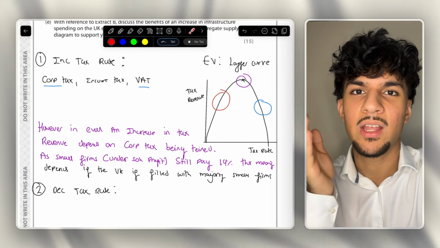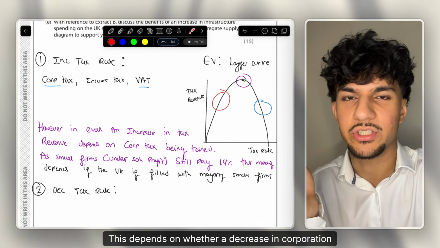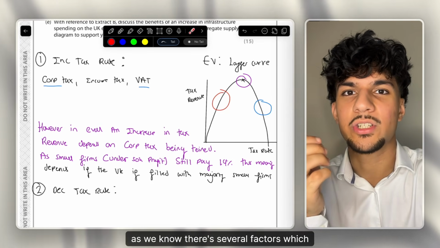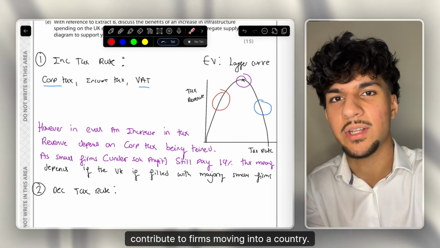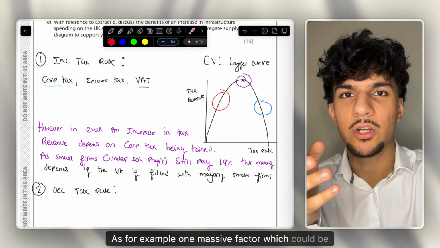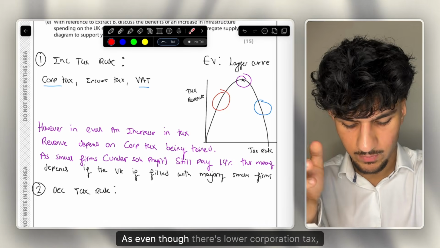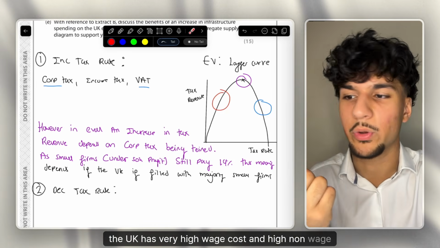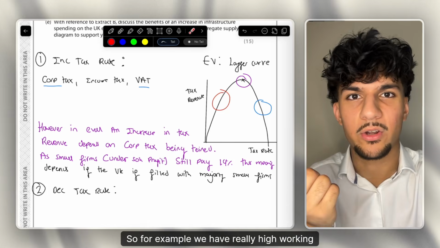You say, however, in evaluation, this depends on whether a decrease in corporation tax will lead to an increase in FDI. As we know, there are several factors which contribute to firms moving into a country. For example, one massive factor could be wage costs. Even though there's lower corporation tax, the UK has very high wage costs and high non-wage costs. For example, we have really strict working conditions.